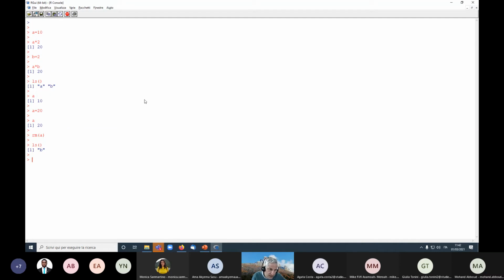Be aware of the fact that the rm function cannot be undone. So I cannot get back the original value of the variable A, which means that you have to be very careful when deleting something in R. It has the advantage, R, that you can repeat the previous instructions with arrow up.